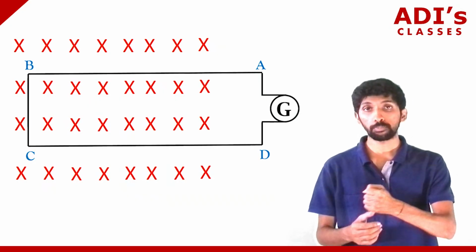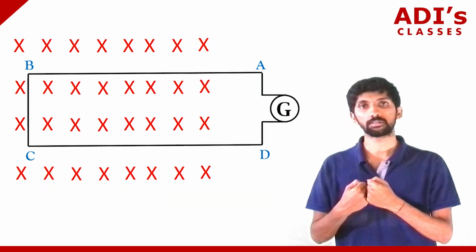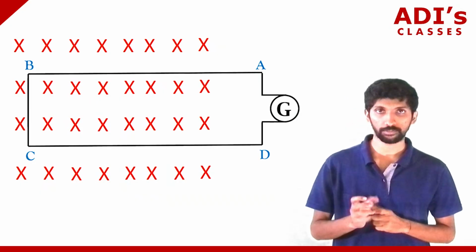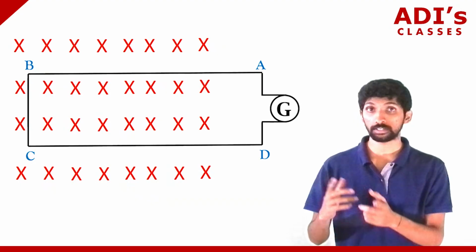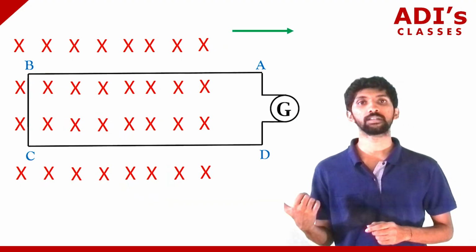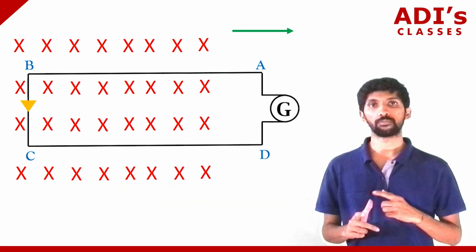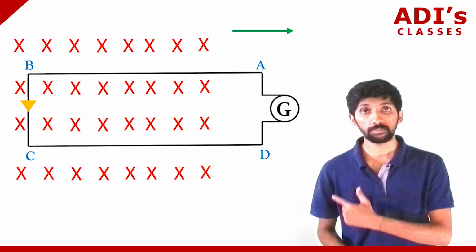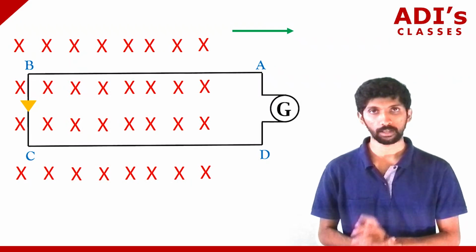Now we have to pull the coil in one direction to figure out the direction of the EMF, because as you change the direction, the EMF direction also changes. We saw that in Lenz's law. So let's say this is the direction in which you are moving. Applying Fleming's left hand rule with force, field and current, this will be the direction of the current, basically the EMF.